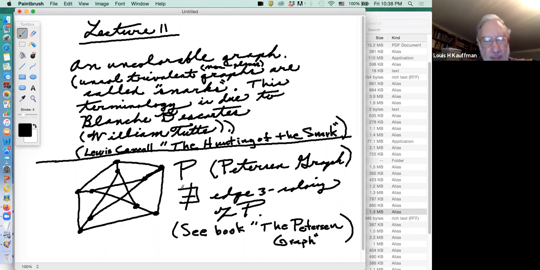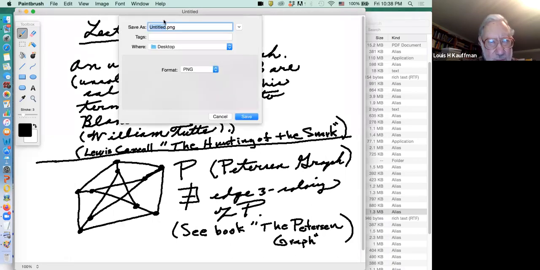Okay, now what I'm going to do is rework this graph a little bit so that I can play with it more easily. So just one moment.